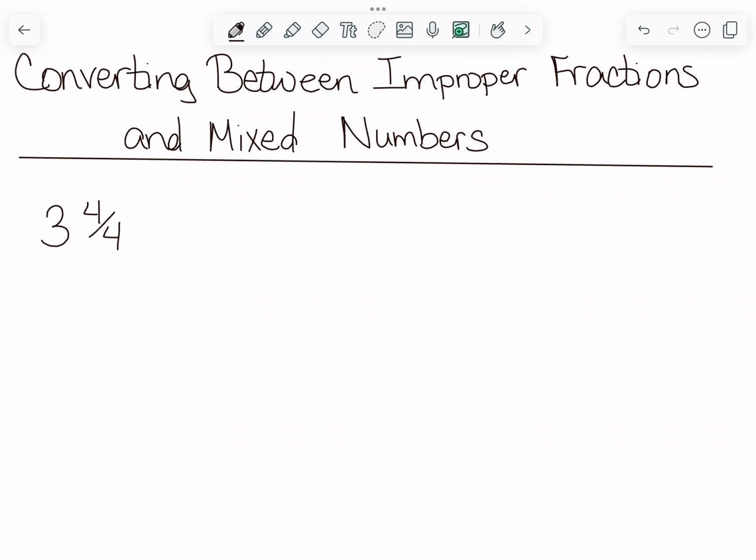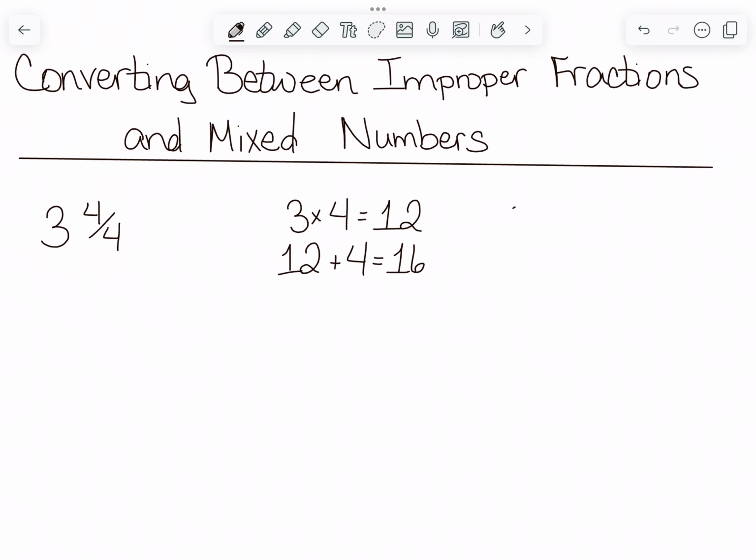Here's one to think about. What is 3 4/4 as an improper fraction or as a whole number? At first, we might try converting this. Multiplying the whole number by the denominator, 3 times 4 is 12. We then add the numerator, 12 plus 4 is 16.